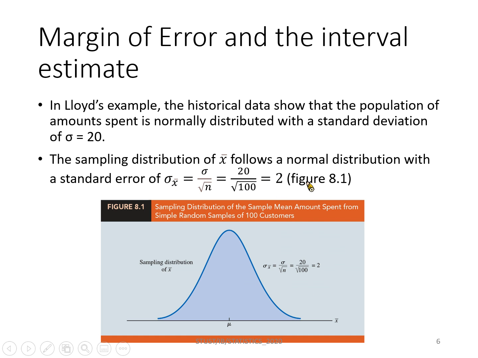You can check figure 8.1 in your textbook to find this result. In this normal distribution context, the mean of the sampling distribution is mu, and the standard error is 2.